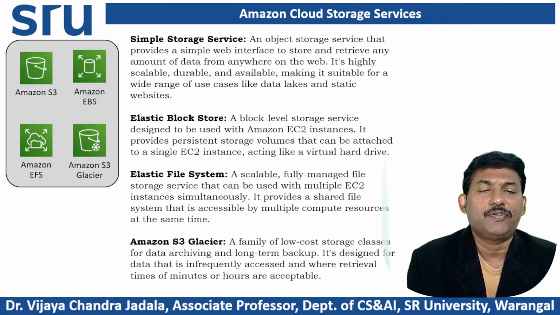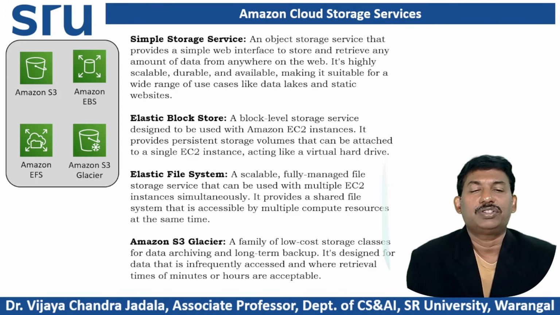Then Elastic File System, a scalable fully managed file storage service that can be used with multiple EC2 instances simultaneously. It provides a shared file system that is accessible by multiple compute systems. Then comes S3 Glacier.